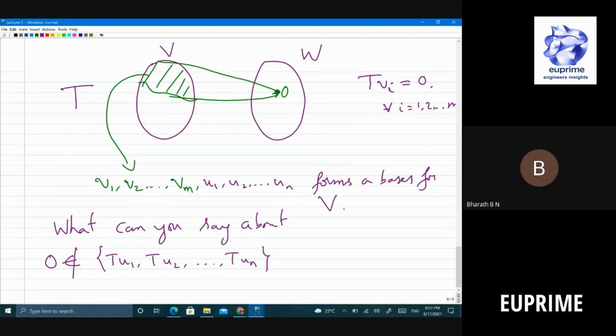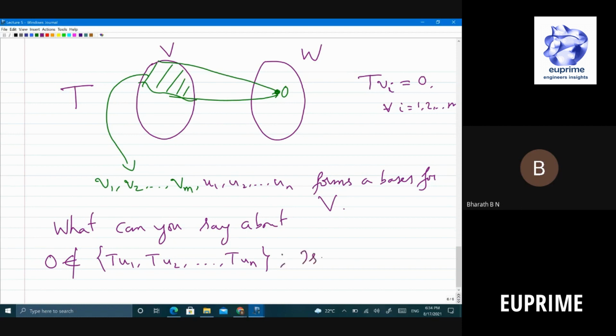Nobody will feel bad. No, a bunch of vectors cannot form a vector space, right? I'll give you 2 vectors, it cannot form a vector space. What can you say about 2 vectors? Linear independence, right? Basis is the next question, whether it forms a basis or not. But linear independence is the question. Is it linearly independent?